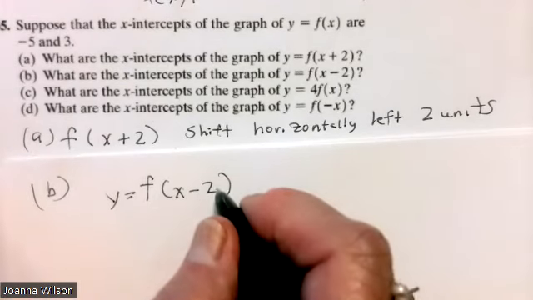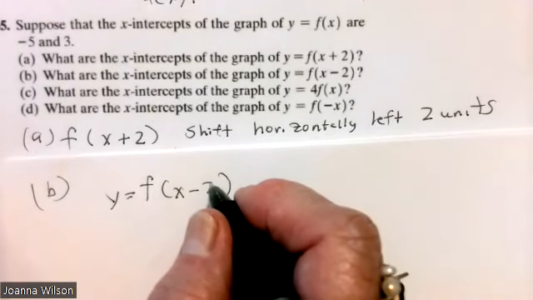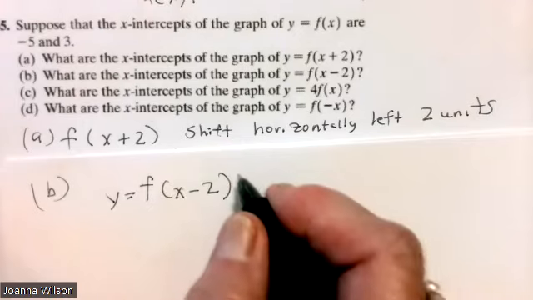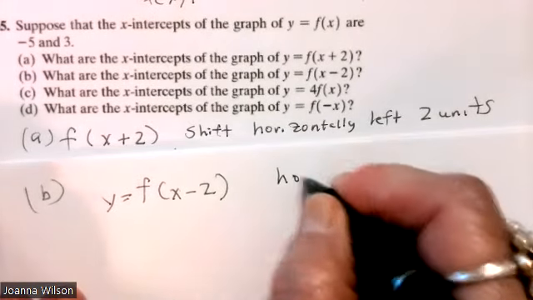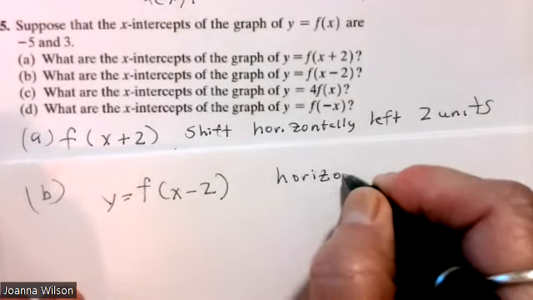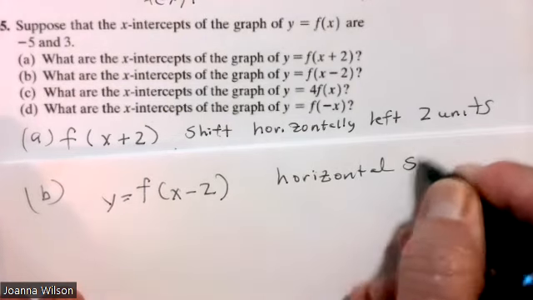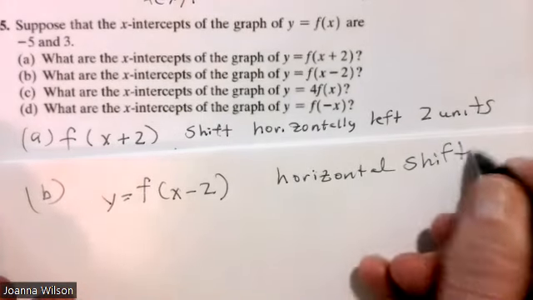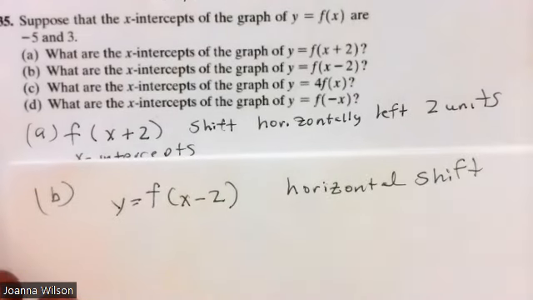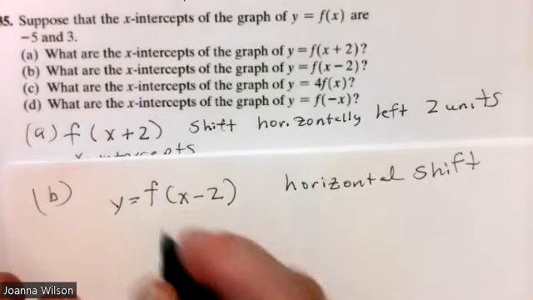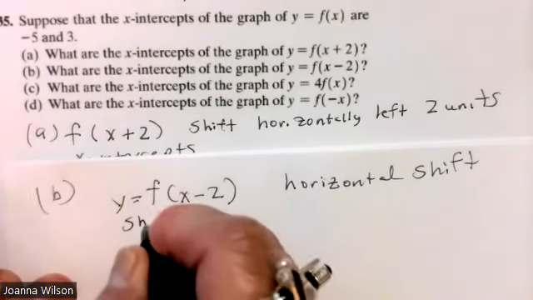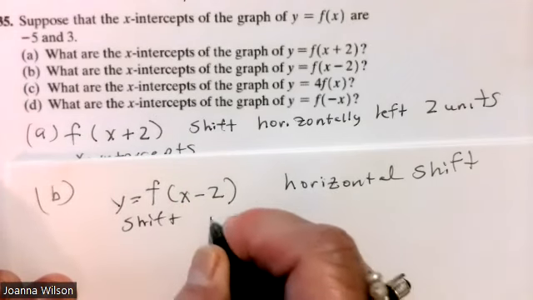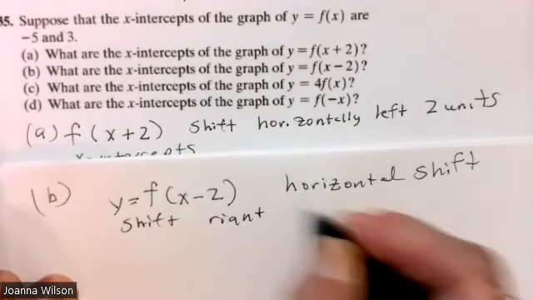Anybody? Can anybody tell me? It's still a horizontal shift because it's inside the grouping symbols. And we don't even know what this graph is, but we can still tell what it's going to do to these x-intercepts. So it's going to shift right 2 units.